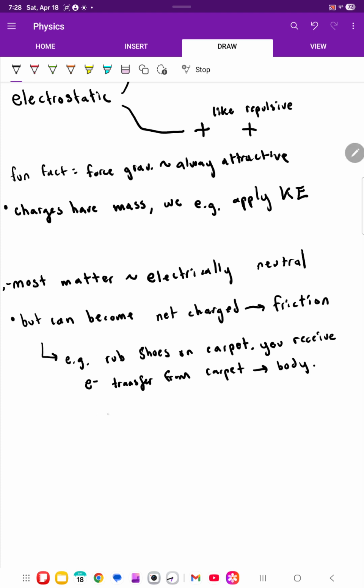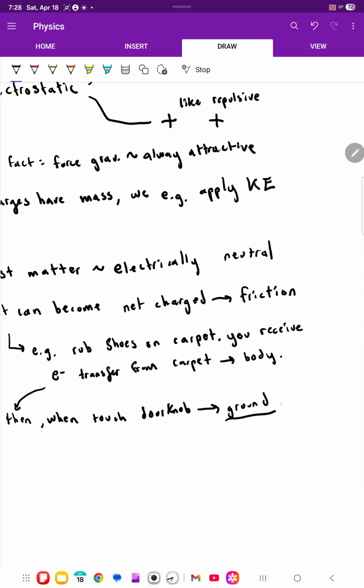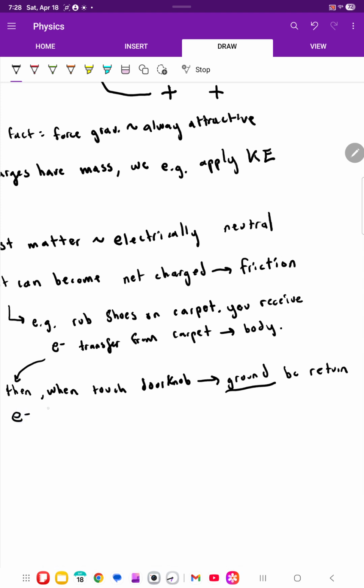And so what can also happen afterwards is when you touch a doorknob, it acts as the ground because it returns electrons back to the earth.